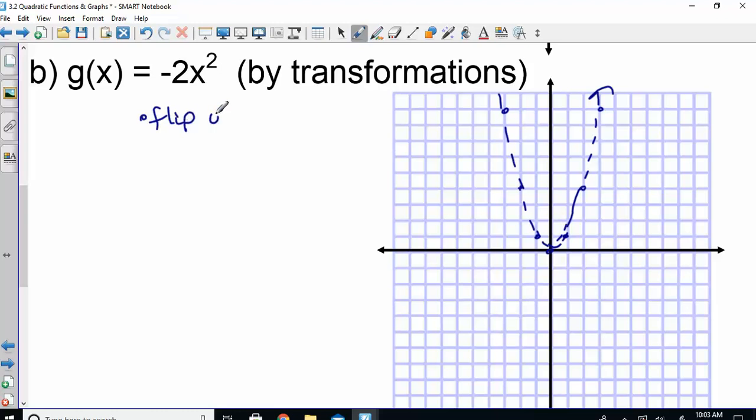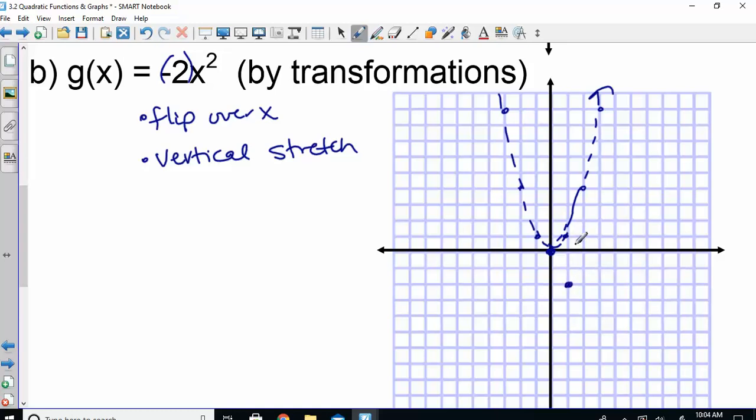What will that negative do? And what does the 2 do? Easy way to think about this, there's a negative 2 out in front, so anything out in front changes y, and it does what it says. So we're going to take our y's times negative 2. This point has a y value of 0, times negative 2 is still 0.